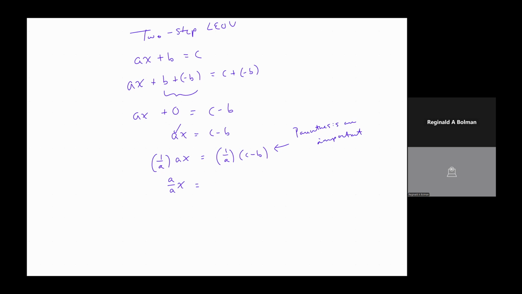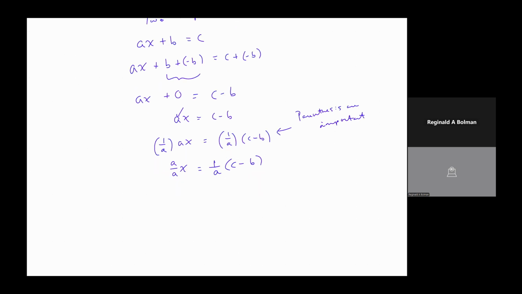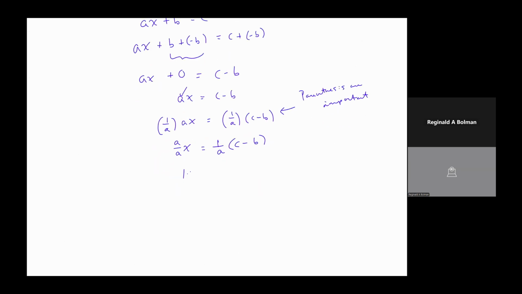And how we designate everything on the other side is by using a sequence of parentheses. So your answer will be 1 over a times c minus b. A divided by a cancels out, and you have c minus b times 1, or c minus b all over a. So x is equal to c minus b all over a, and that's your answer.